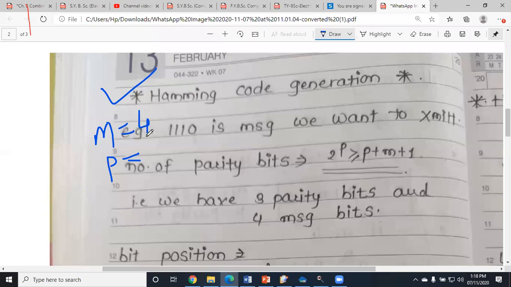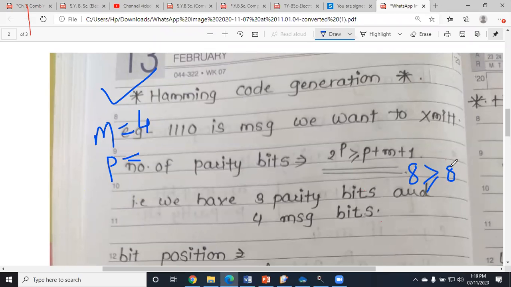आपण मगाशी बघितलं, to satisfy this condition for 4-bit message signal, we have to take p is equal to 3. See, p is equal to 3 म्हणजे 2 raised to 3 किती? 8. That should be always greater than or equal to p किती consider केला आपण? 3. So 3 plus 4 plus 1, how much it is? 8.